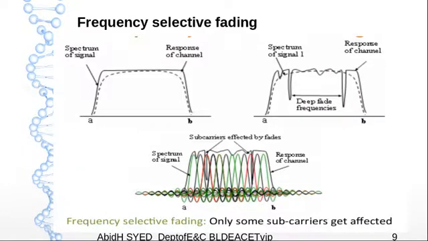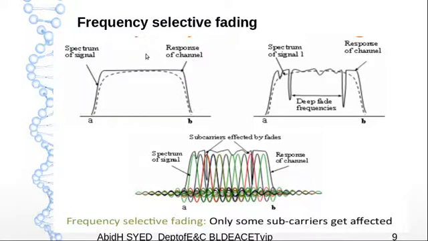So in today's class, let us see what we mean by frequency selective fading and how the subcarrier concept helps in overcoming this frequency selective fading. As you can see in this graph, we have some number of subcarriers.